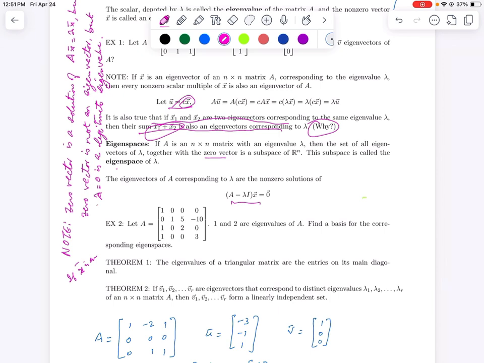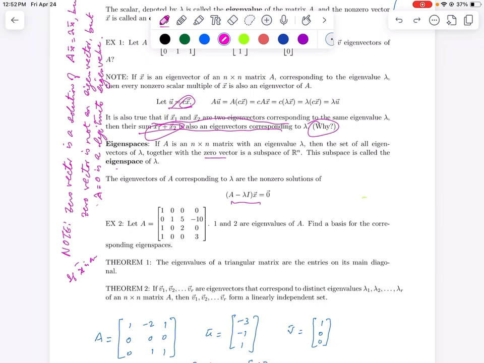We were using row reduction, but now we will learn a new technique in the next section. But this equation will come in handy over there.